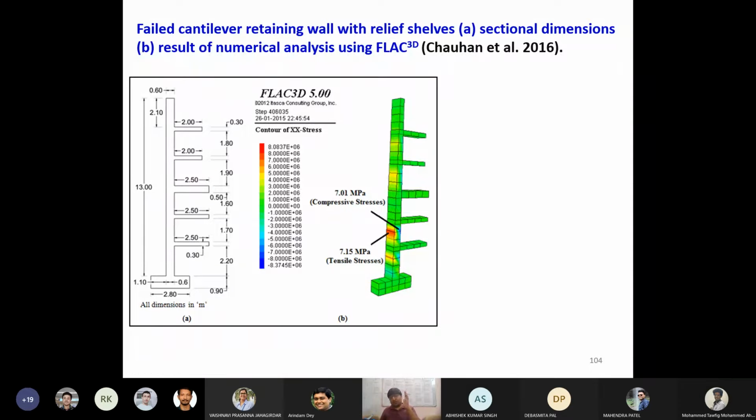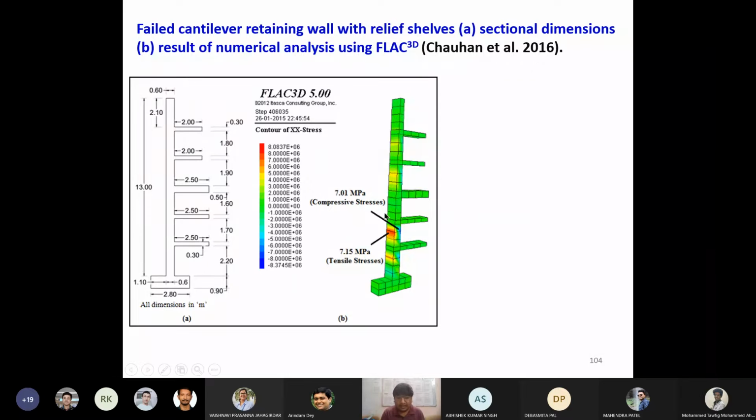If the wall is moving away from the backfill, this section will be having compressive stresses, and this section will be having tensile stresses. So the wall face which is towards the backfill will be having tensile, and the non-backfill side will be having compressive.